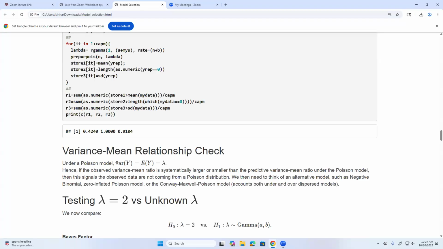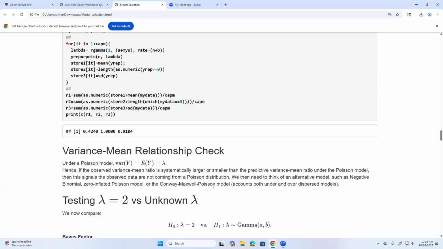If the Poisson distribution is not valid, then alternative models can be considered, such as negative binomial model, zero inflated Poisson model, or this distribution called Conway-Maxwell Poisson distribution. We know that negative binomial model is a very flexible model for the count data.